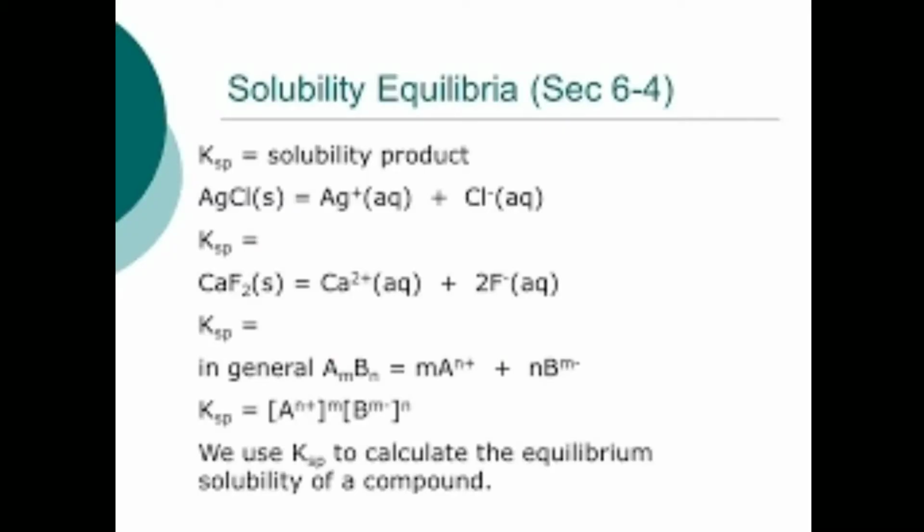We take another example for solubility product, that is CaF2 at equilibrium gives Ca2+ and 2F- ions. Hence, the solubility product Ksp is equal to concentration of Ca2+ into concentration of F- squared.